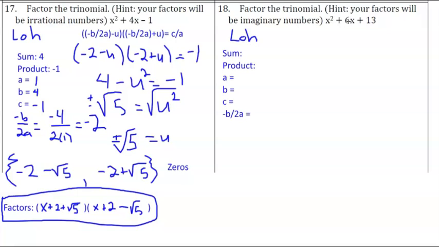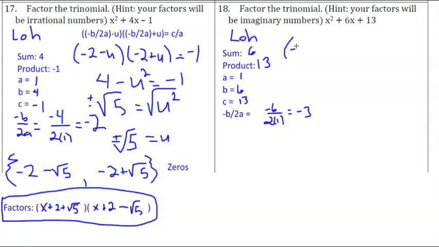So our sum is 6, that's our b value. Our product is 13. A is 1, B is 6, C is 13. So negative b over 2a would be negative 6 over 2 times 1. That equals negative 3.